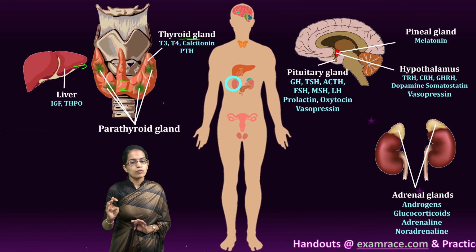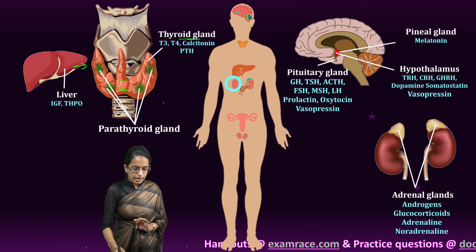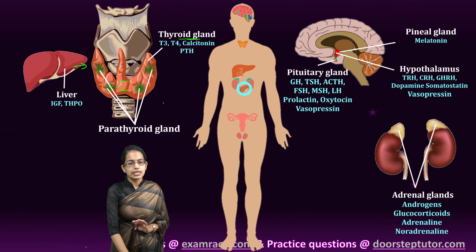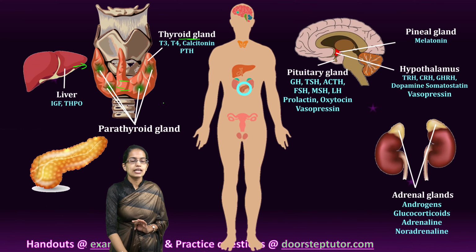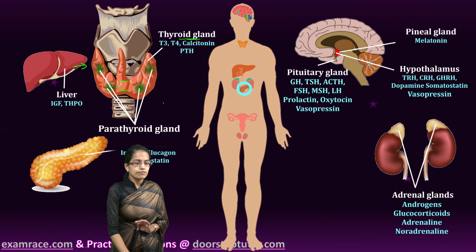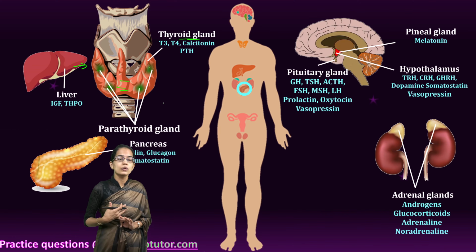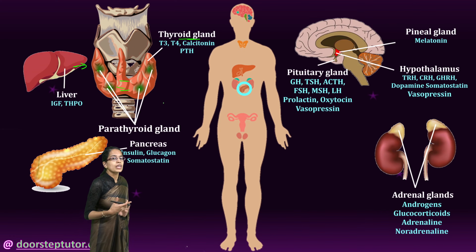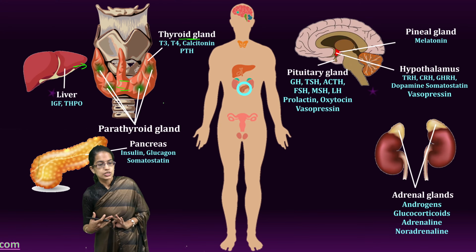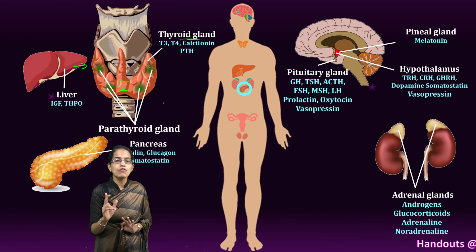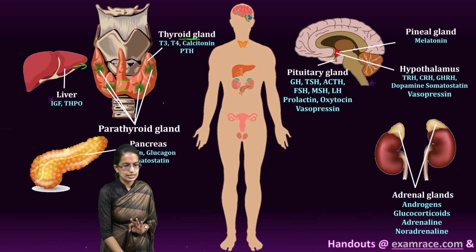So those are some of the major secretions from the adrenal gland. Then we have the next as pancreas. Pancreas is a leaf-like structure which is present, and insulin, glucagon and somatostatin are some of the major secretions. Now pancreas, we have the alpha, beta and the delta cells that are there.